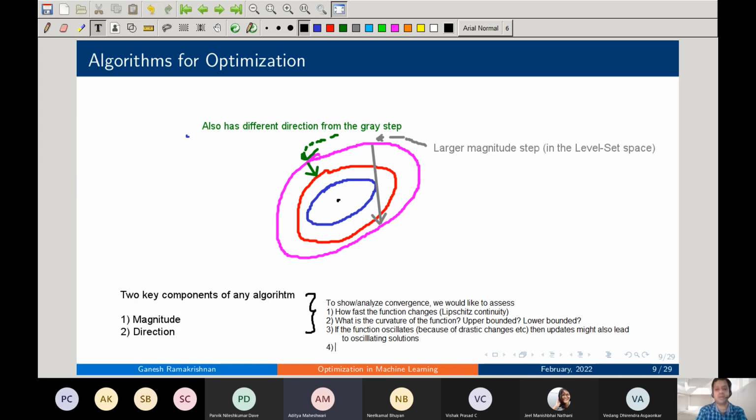And of course, convexity becomes important when you talk of existence of a global minimum. Then you can talk about convergence to that global minimum. So these are some of the considerations. If you have questions, let me know. These are, I would say, highly important meta level questions as we plunge into algorithms. Any questions?